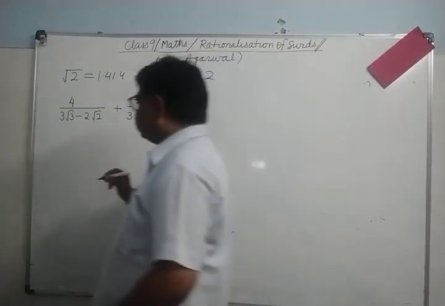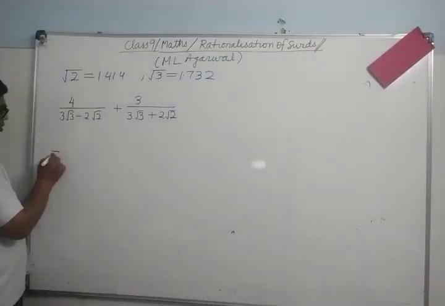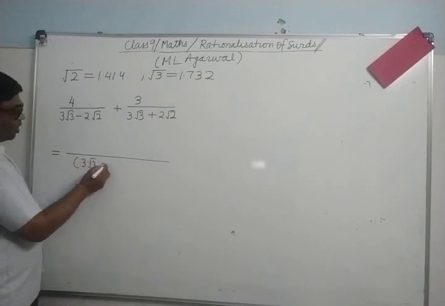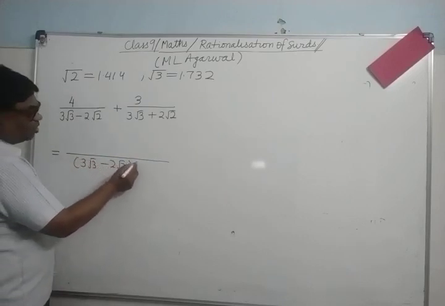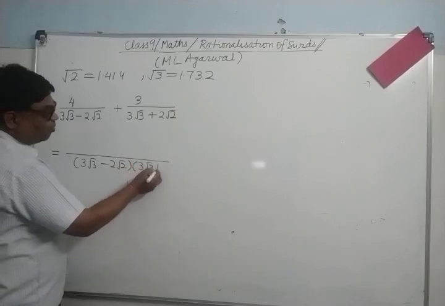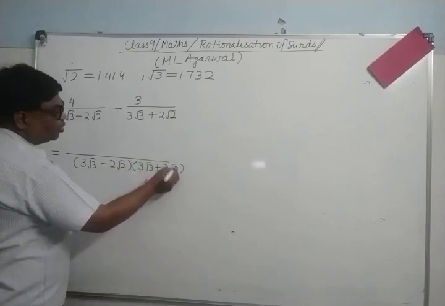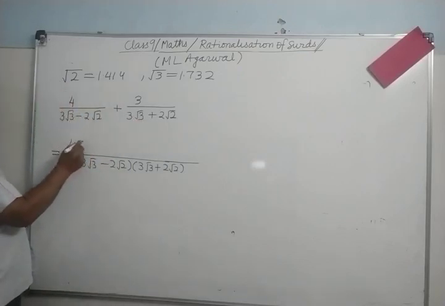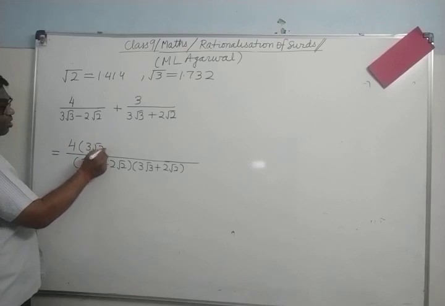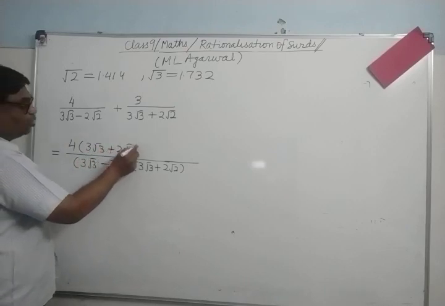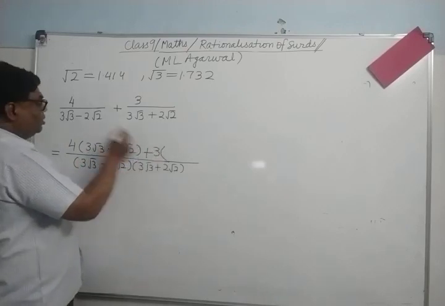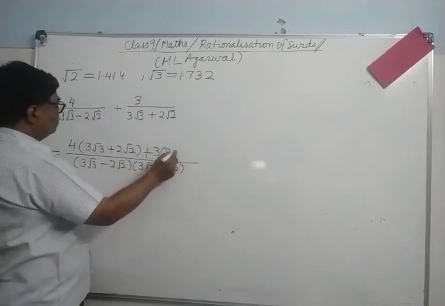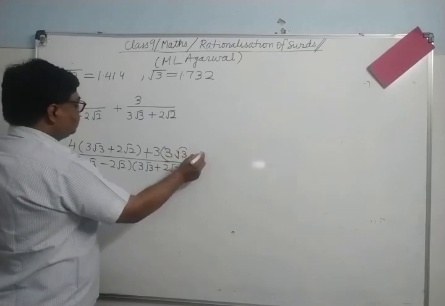So you take the LCM. I am taking the LCM: (3 root 3 minus 2 root 2)(3 root 3 plus 2 root 2). Now this will multiply with this, so it is 4 (3 root 3 plus 2 root 2) plus 3, this will multiply there, 3 (3 root 3 minus 2 root 2).